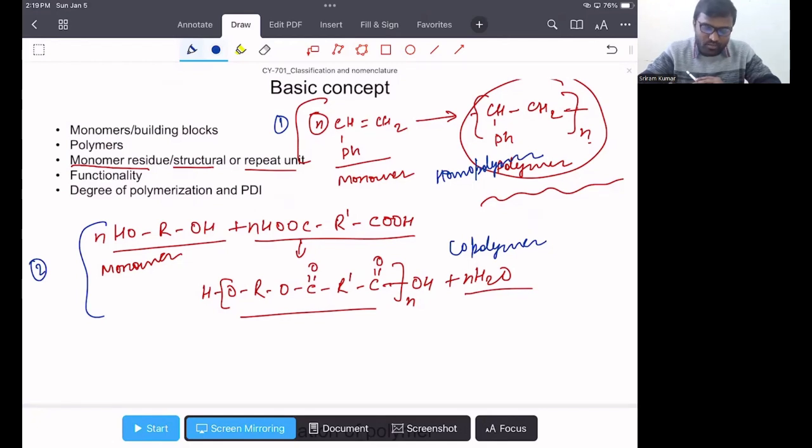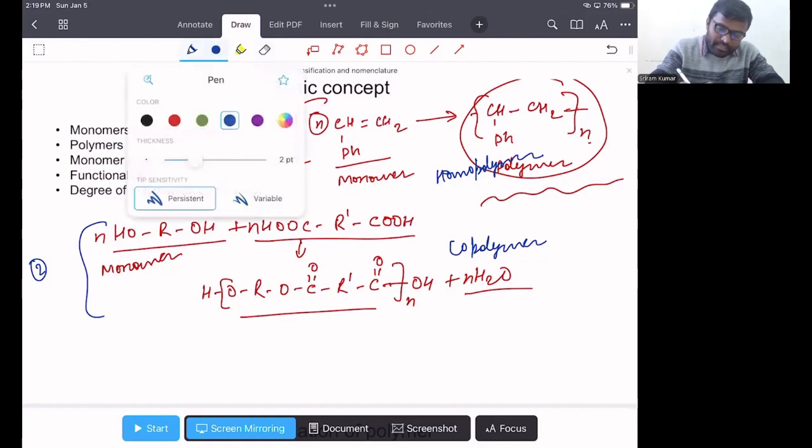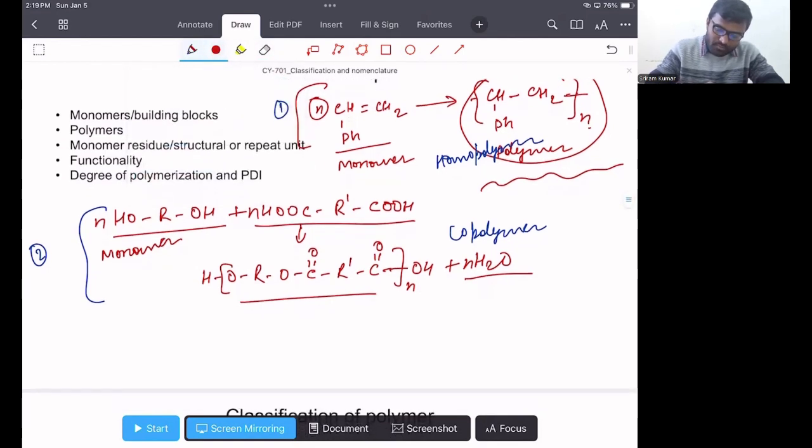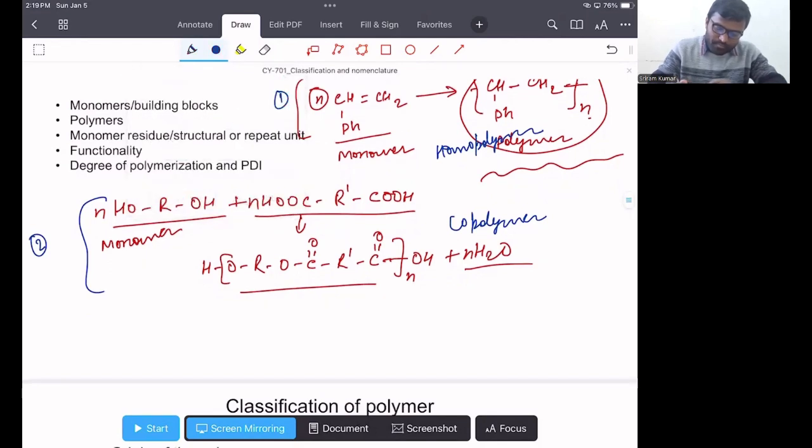Now let's understand the functionality. In this particular monomer, we have two OH groups, and functionality means the number of sites on which the polymerization reaction can happen.